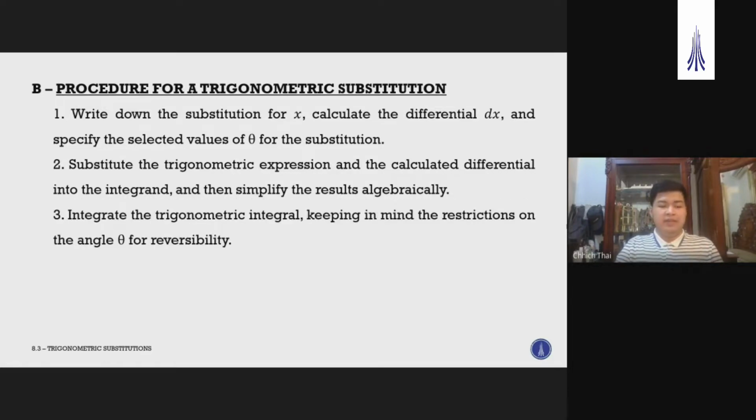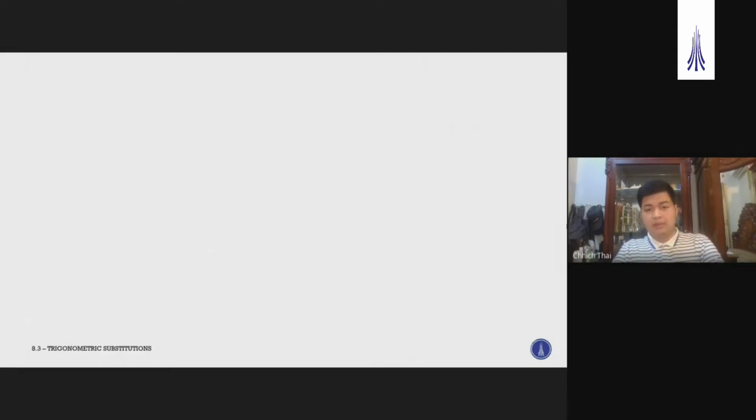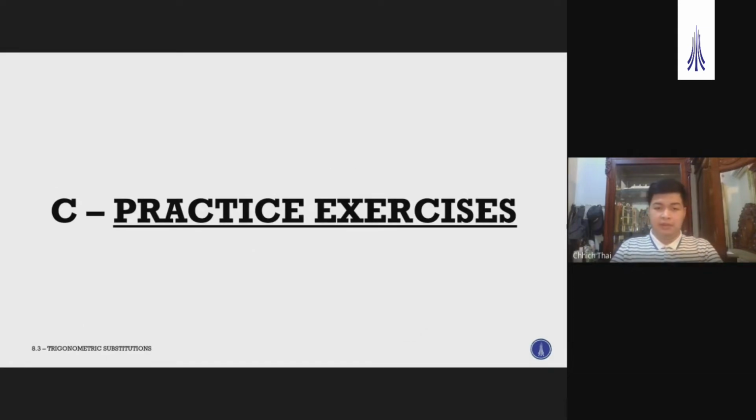The next step is to integrate the trigonometric integral, keeping in mind the restriction on the angle theta for reversibility. The last step is to draw an appropriate reference triangle to reverse the substitution in the integration result and convert it back to the original variable x. Now I have recapped all the necessary procedure for a trigonometric substitution.